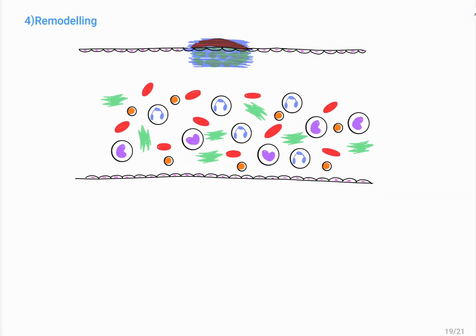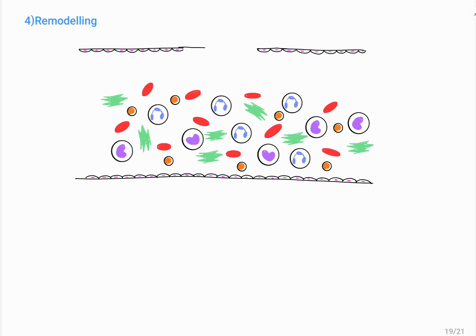Now, let's move on to the last phase of wound healing, that is remodeling. In the remodeling phase, the type 3 collagen which was deposited in the proliferation phase will be replaced by type 1 collagen fibers. After a certain period of time, finally there will be formation of a matured scar which is acellular and avascular.